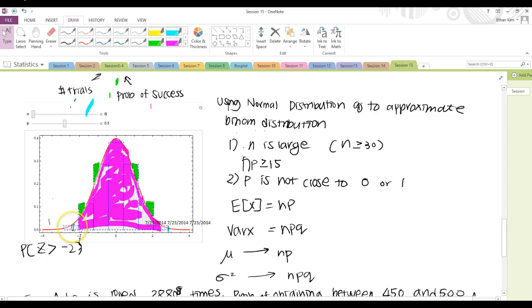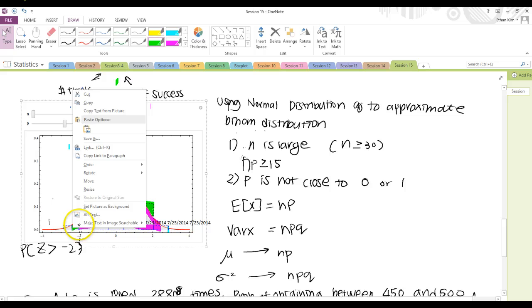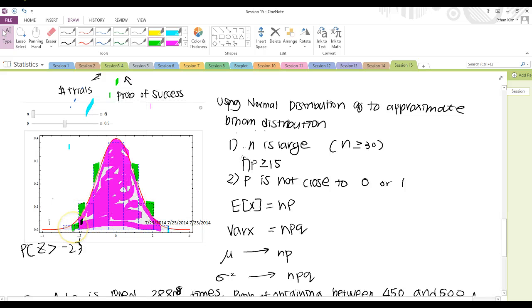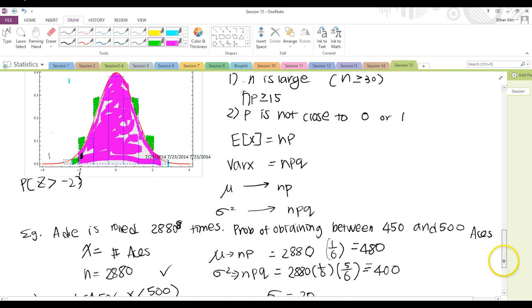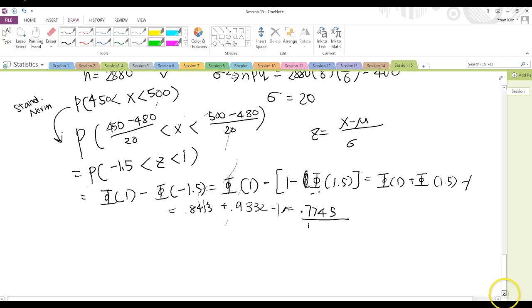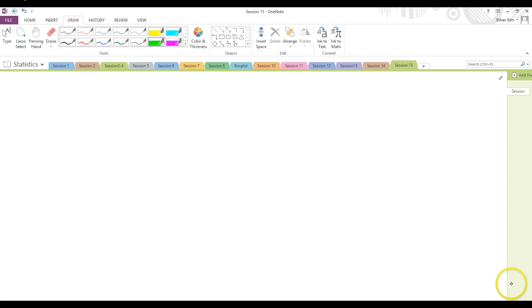I will explain a little more why that is the case. Alright, so let's go down and let's write it down. We call this continuity correction because, as you remember, binomial distribution is discrete, meaning it's not continuous.